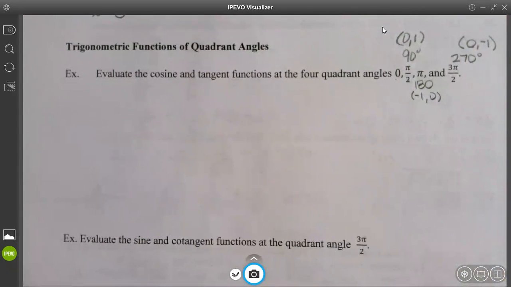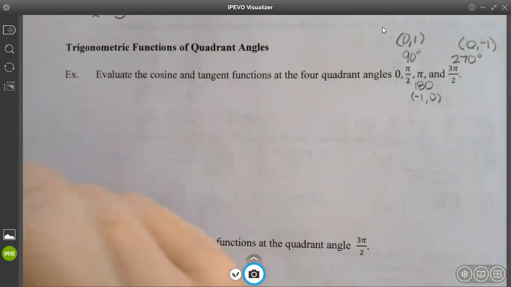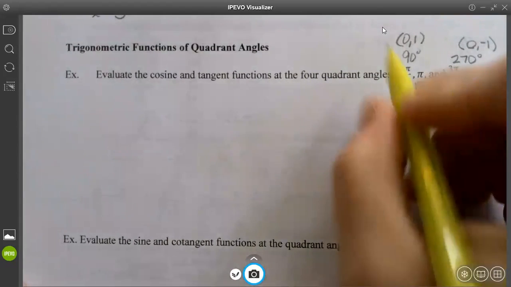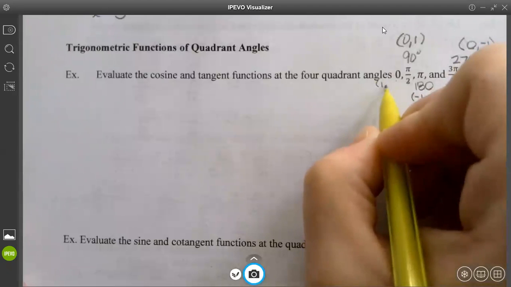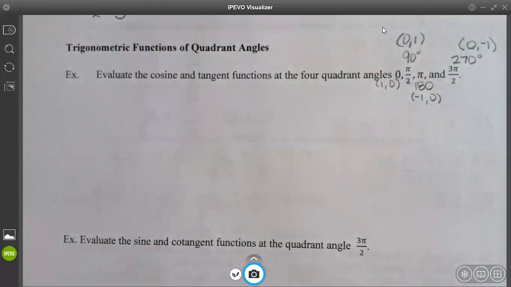All right. Evaluate the cosine and tangent functions at the 4 quadrant angles. What's at 0 degrees? 1, 0, right? We need to know our x and y so that we can get our r. What do you know our r is going to be?